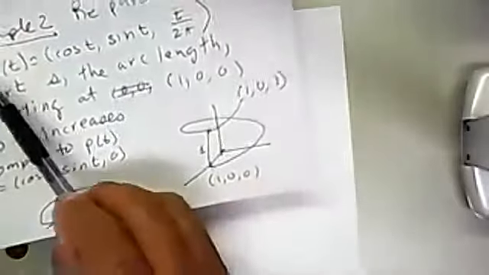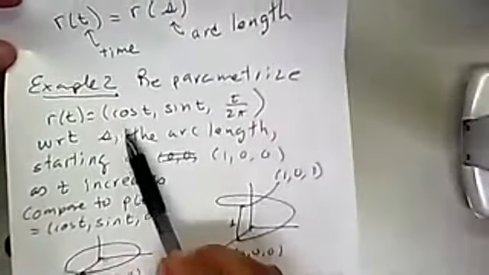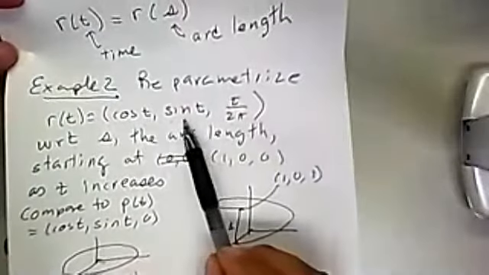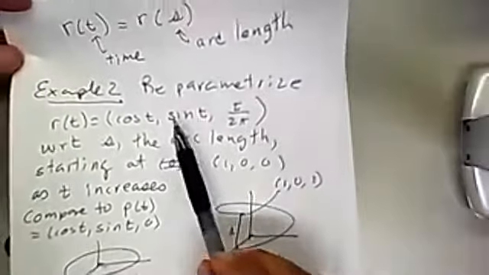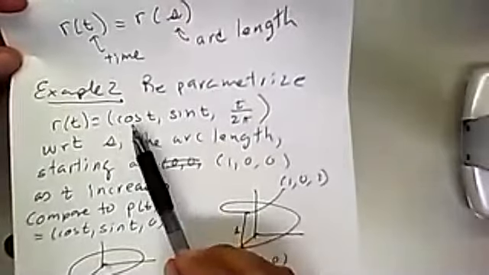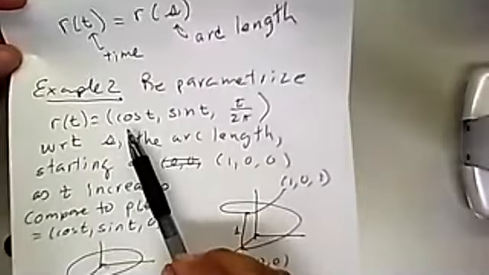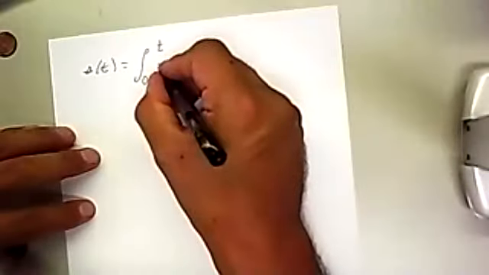So pretend you have r of u equals cosine of u, sine of u, and u over 2 pi. And remember how we find the arc length. Take the derivative. So we have negative sine of u. We're going to have a square root here.